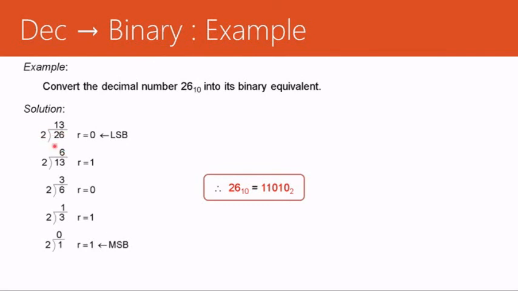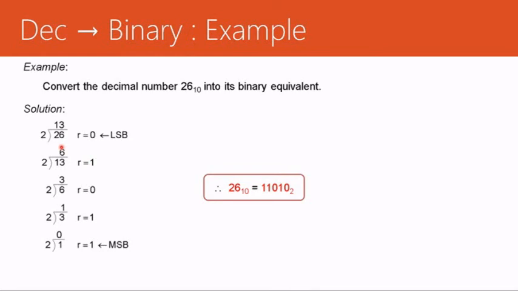So 26 divided by 2 is equal to 13 with a remainder of 0. And the quotient of this will again be divided by 2. So 13 divided by 2 is equal to 6 with a remainder of 1.